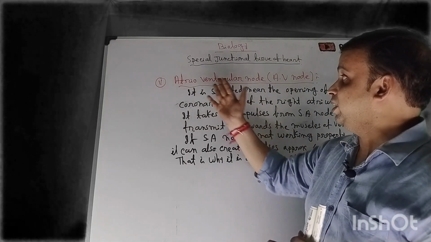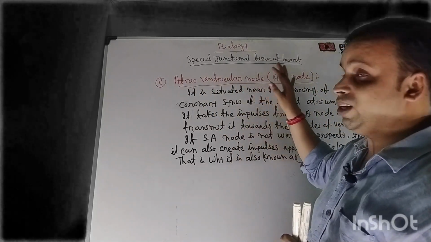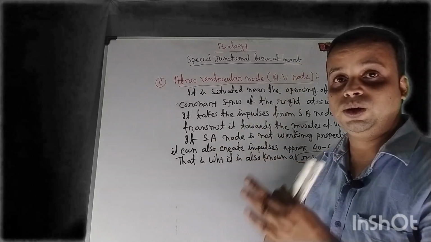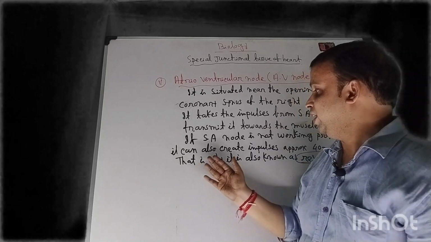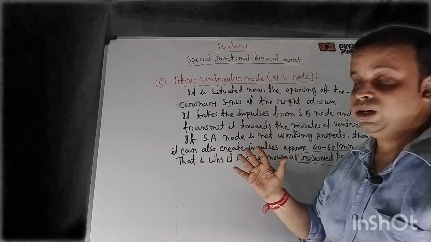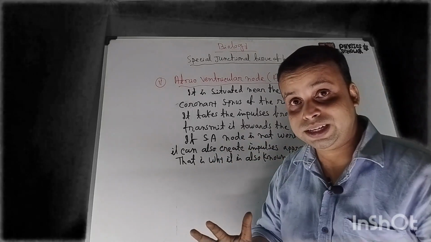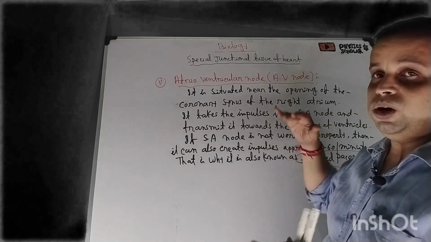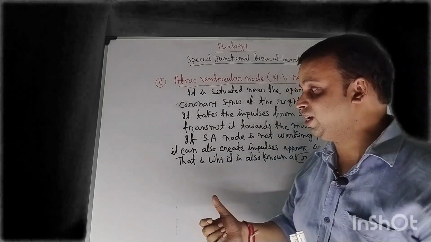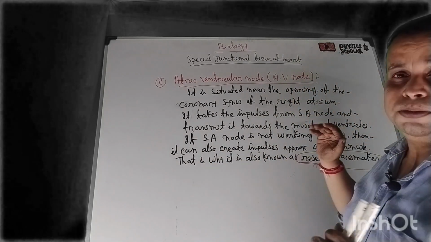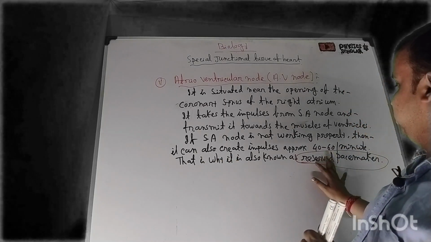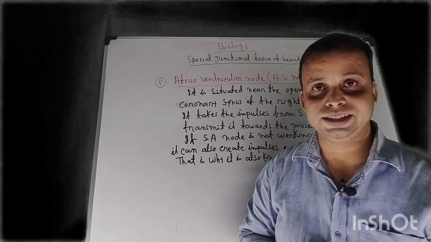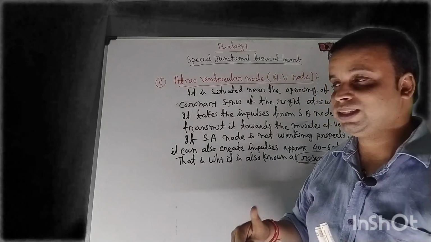When the SA node is not working properly or stops working, the AV node, being the backup, will start creating impulses, approximately 40 to 60 per minute. That's why it is also known as the reserve pacemaker of our heart. So students, I hope this part is clear to you.